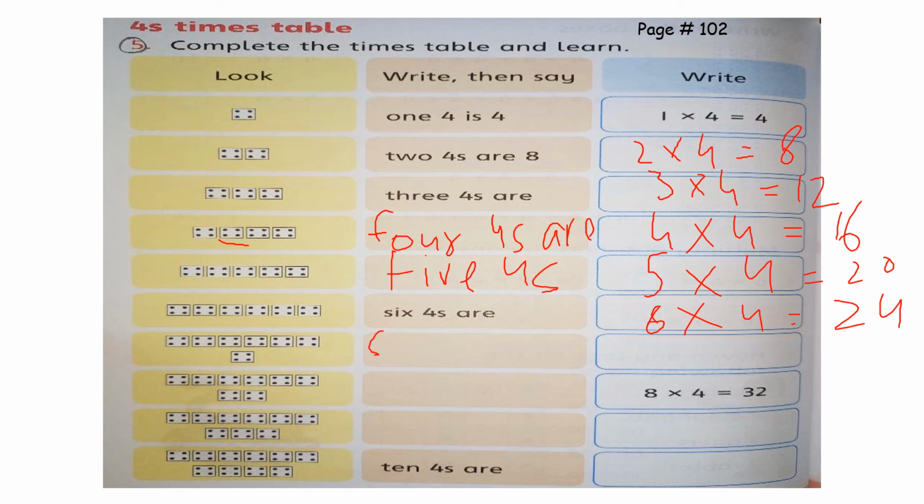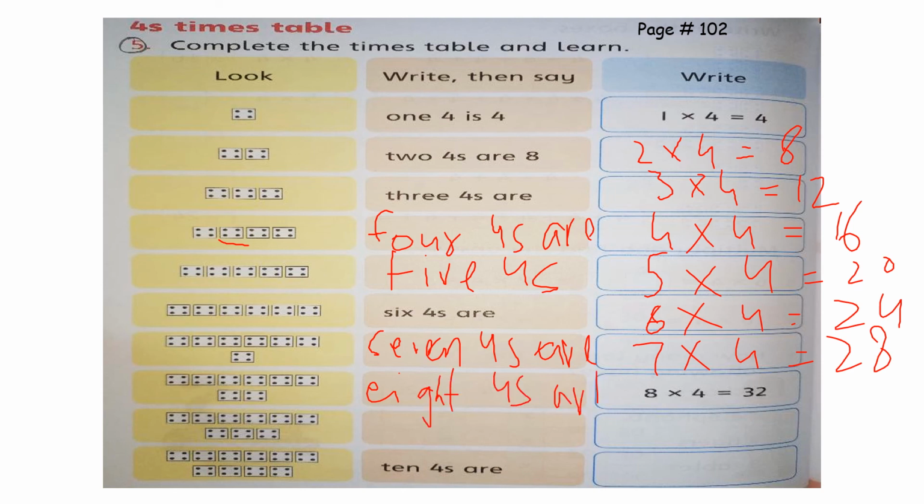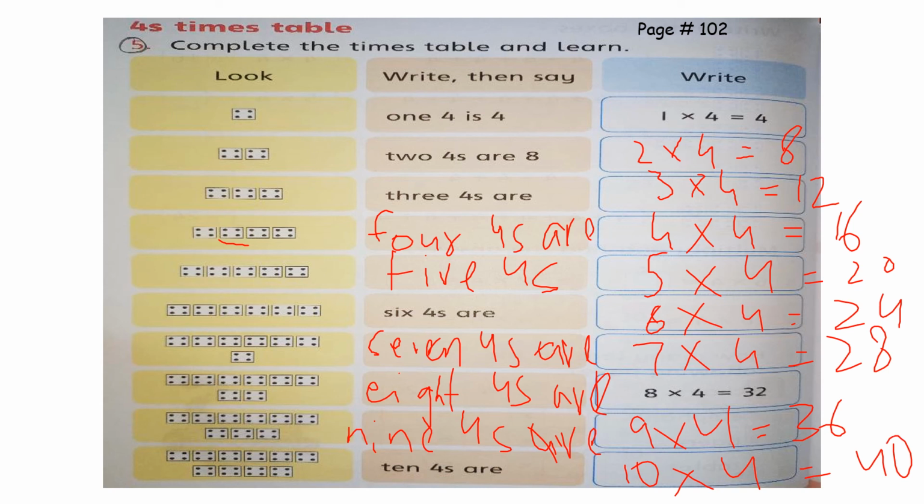Here you have to write 7 fours are 28. 8 fours are 32. Then we have 9 fours are 36 and 10 fours are 40. And you have to write the table of 4 in your notebook.